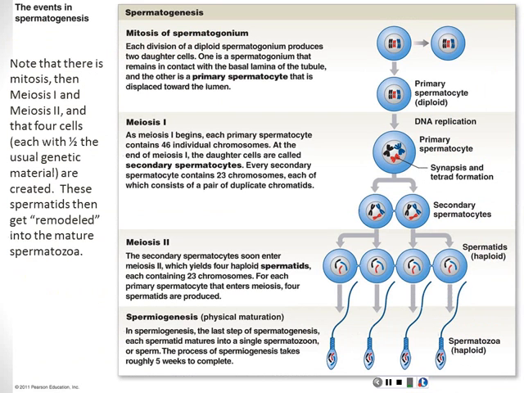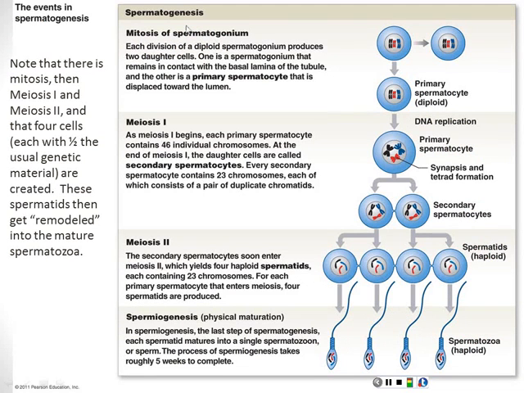Okay. So in the male, gametogenesis, the final result is going to be spermatozoa. So a spermatozoon, that's the singular. A spermatozoa is many, right? So it's a little funny language thing.